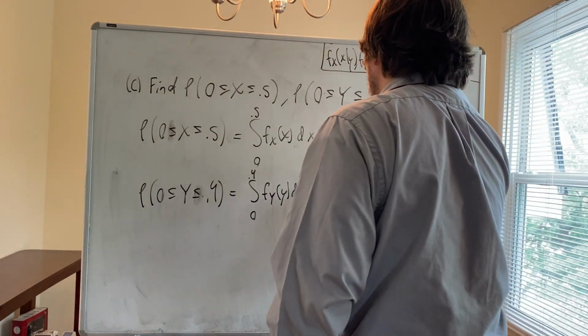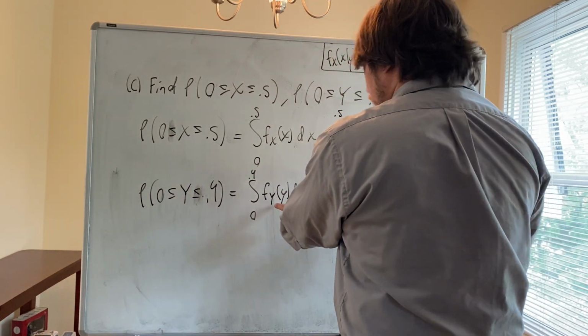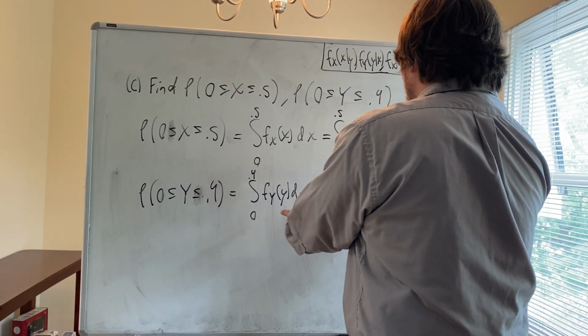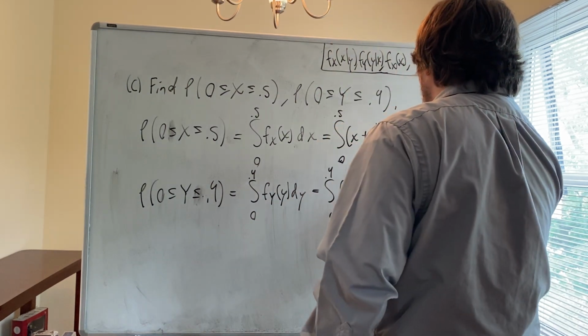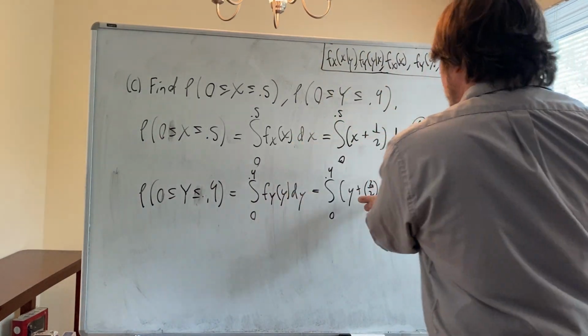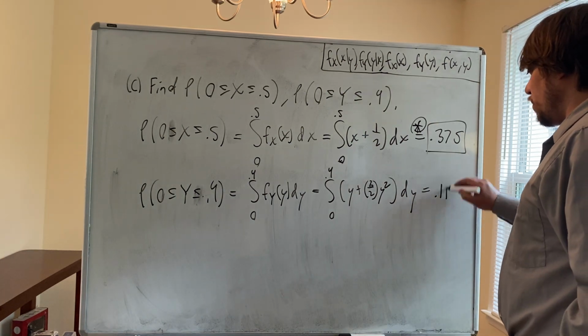What's f sub capital Y of y? We got it. It was y plus 3/2 y squared, dy. And you calculate that integral and you get 0.112.